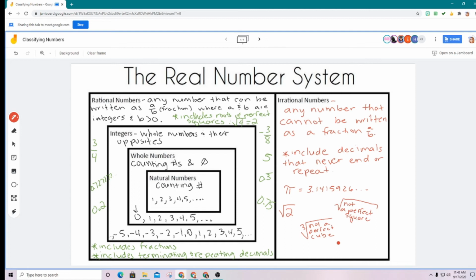Okay, so you need to be able to tell me which type of number it is based on these key facts. I don't need you to be masters of it, but I want us to have a basic understanding that all fractions are rational. Just like all roots of non-perfect squares are irrational.